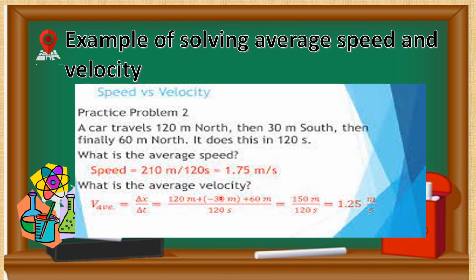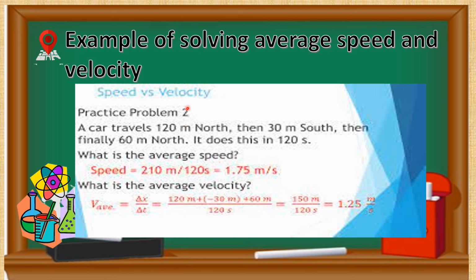Next is, what is the average velocity? When you say average velocity, it is the displacement. First, 120 meters north. So it travels 120 meters to the north, then it goes back to the south for 30 meters. So what we're going to do is subtract: 120 minus 30 meters to the south.